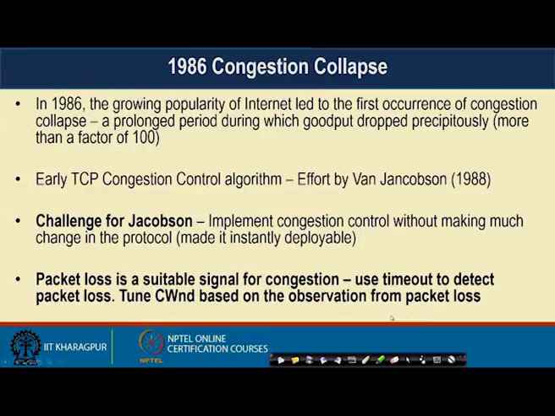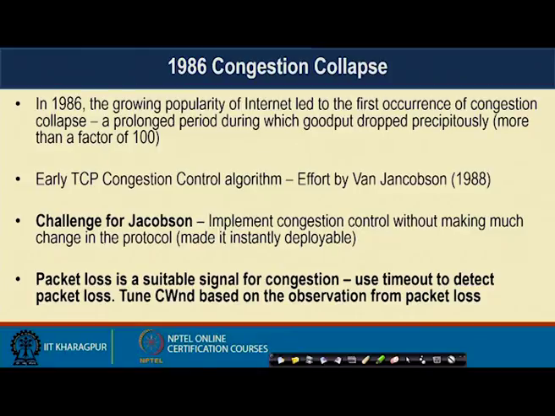Now, let us see how this entire congestion control in TCP was invented. Congestion control in TCP is a nice example of a decentralized or distributed networking protocol. This entire concept of congestion came in 1986 from an event called congestion collapse.